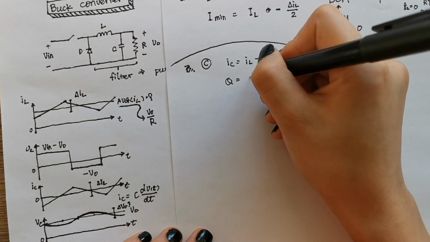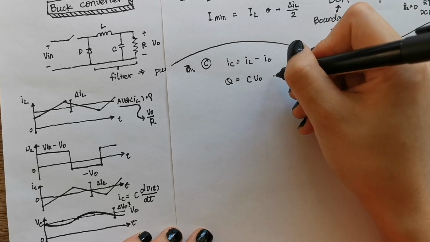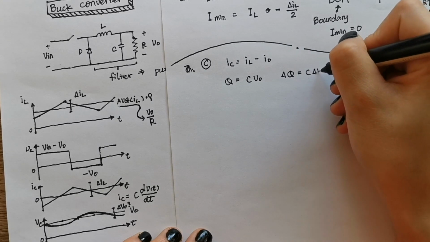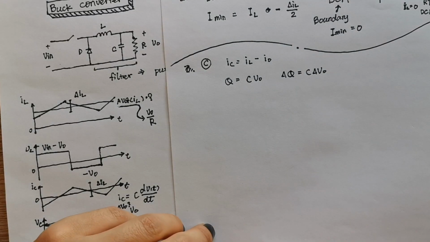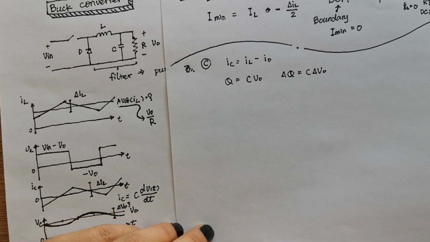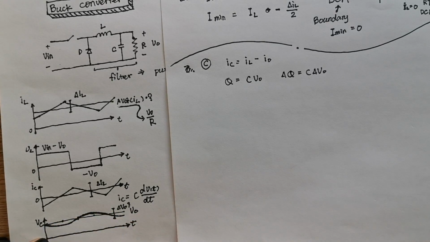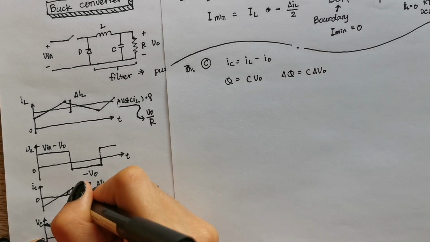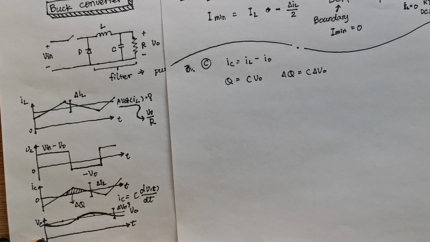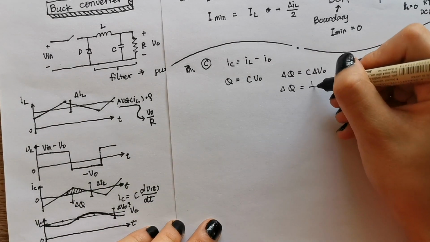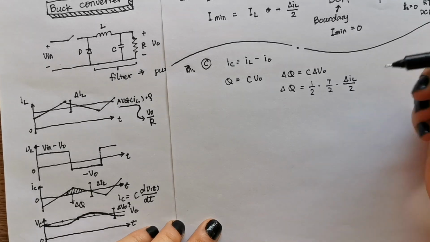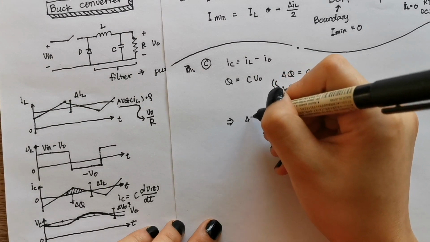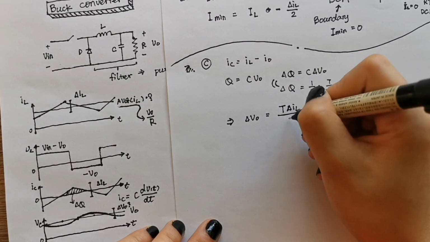While the capacitor current is positive, the capacitor is charging. From the definition of capacitance, we know that Q equals C times Vout. And from the current waveform, we know that the change in charge is the area of the triangle above the time axis. By equating these two equations, we can find the relationship between voltage ripple and capacitance.